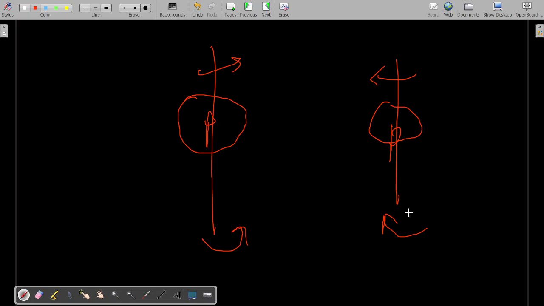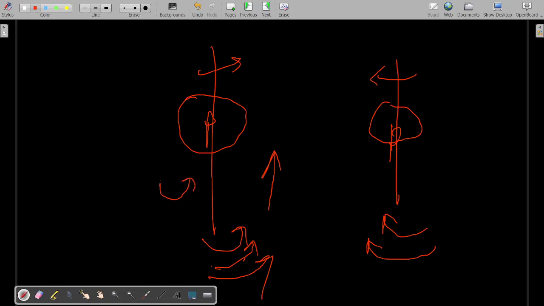Now make the fingers of your right hand point in this particular direction. The nails of the fingers of your right hand should point in this direction, and in this case also the nails of the fingers of your right hand must point in this particular direction. Then your thumb will point in the upward direction, because this is going inside the plane.